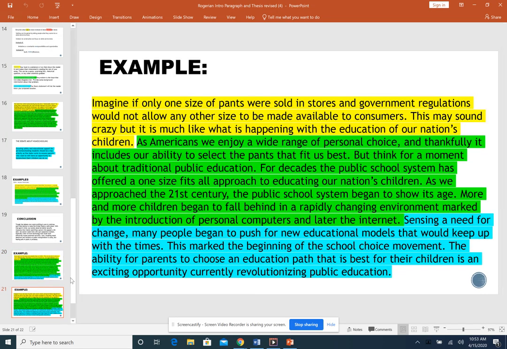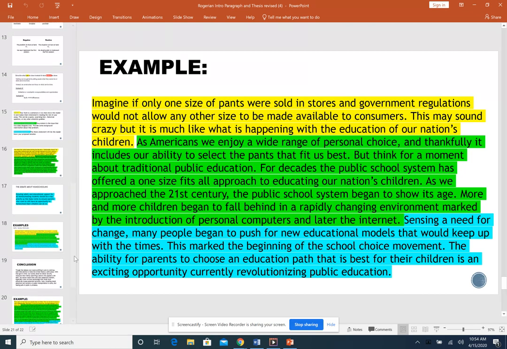Then I've provided you with another example that I'll let you read. Again, the hook is in yellow, the background information in green, and the thesis statement in the teal blue.